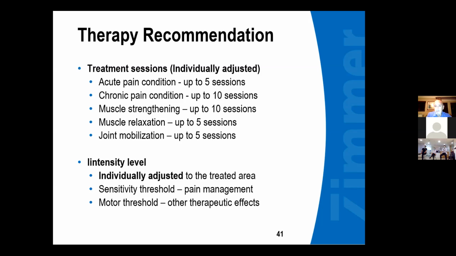Every patient will be different. And again, our intensity levels are adjusted to what we're trying to accomplish. A sensory threshold for pain and a motor threshold to contraction for other therapeutic effects like muscle re-education or joint mobilization.